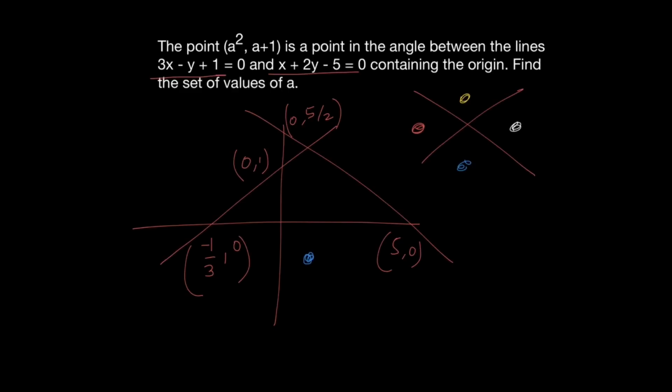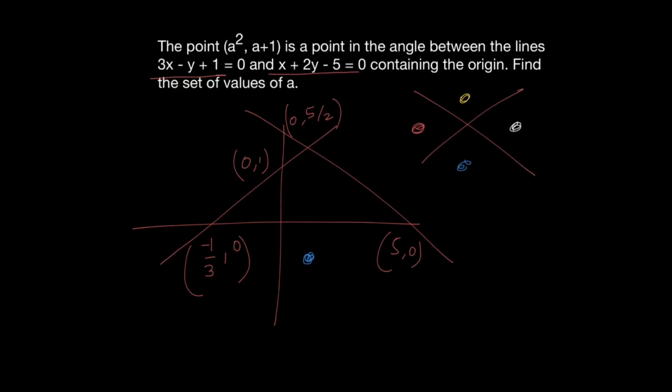Now you can see that this point is to the right of the first line and to the left of the second line. So if we put the value of this point in the equations here and here, we will get values of different signs. If this gives a positive value, then this line will give a negative value and vice versa.